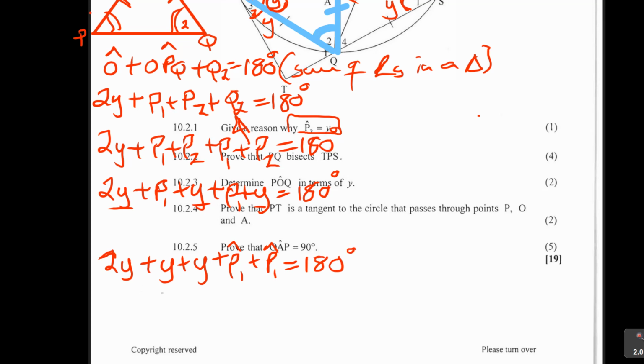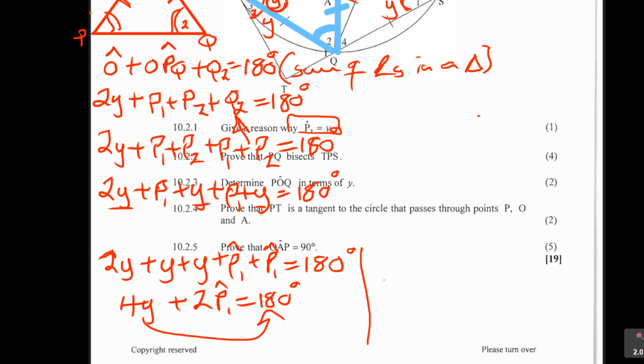And then this becomes 4y plus 2P1 is equal to 180 degrees. Take 4y to the other side. I will have 2P1 is equal to 180 minus 4y. And then I divide by 2.